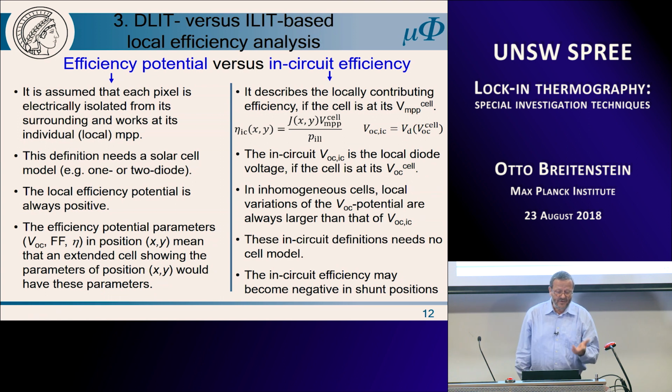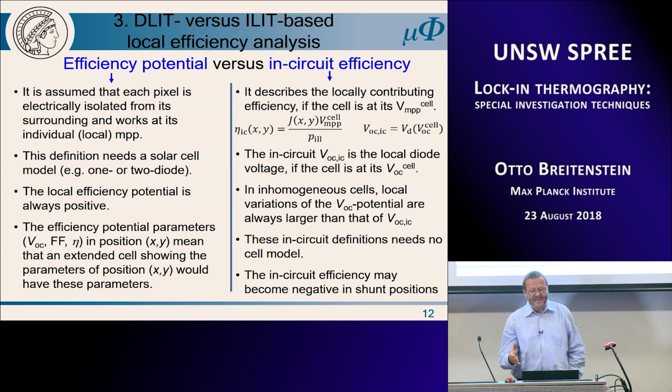And for example, the local efficiency potential is always positive. So even if you have a strong shunt, if you illuminate it, you still have a positive voltage there and some photocurrent, even if it is low. And the efficiency potential parameters in position xy mean that an extended cell showing the parameters of this position would have these parameters. That's the meaning of efficiency potential.